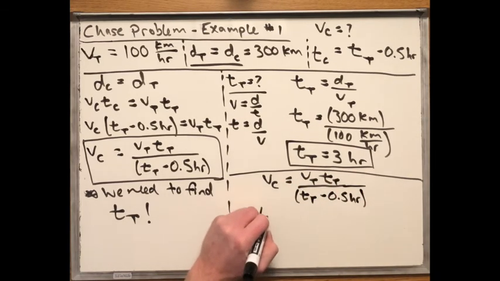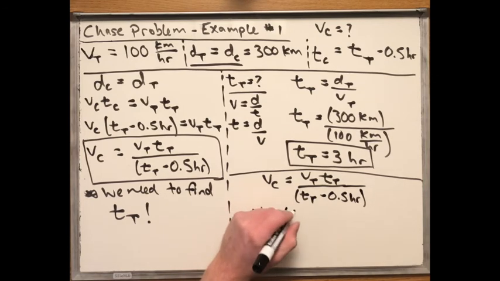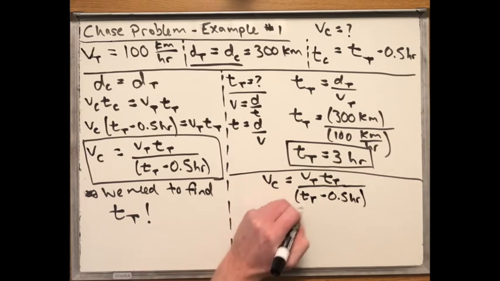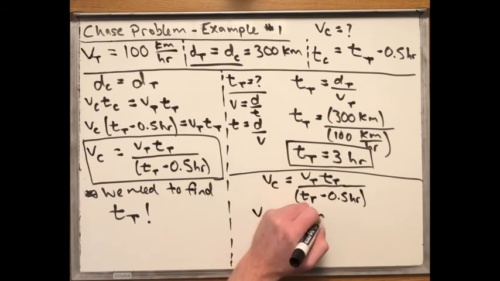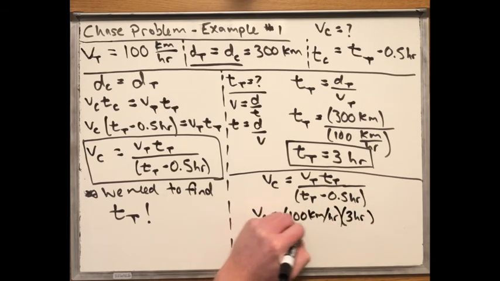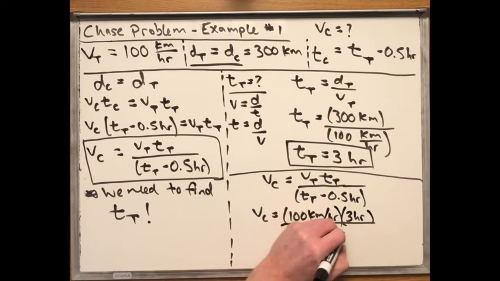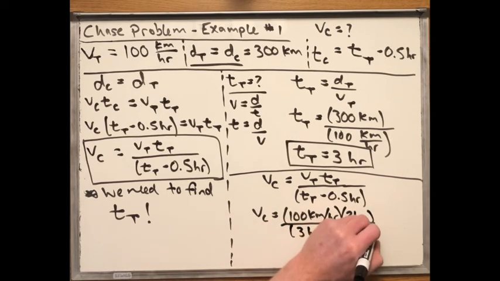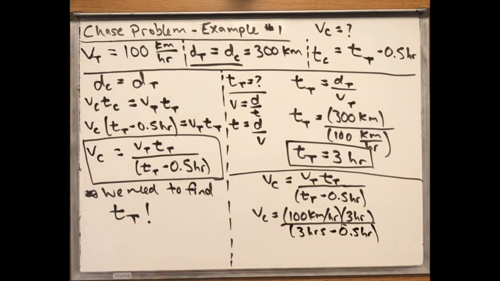And so we have the speed of the cops is the speed of the thieves, 100 kilometers per hour, times the time for the thieves, 3 hours, over 3 hours minus a half hour, or 2.5 hours.